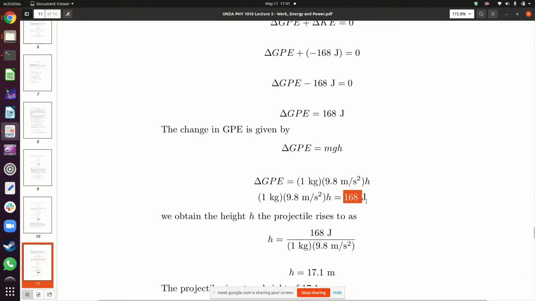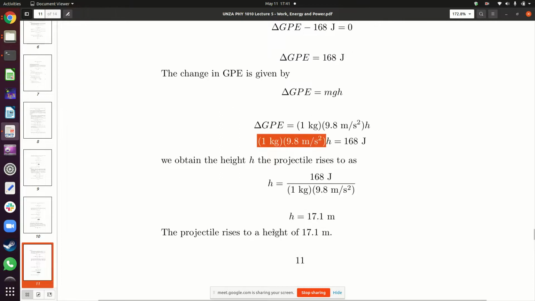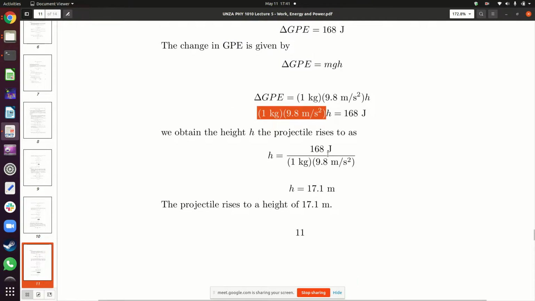So at the end of the day, if you divide both sides, you end up having h equals 186 J divided by 1 kg times 9.8, and that gives you a height of 17.1 meters. So this is how you can use the principle of conservation of energy to work out the height of an object.